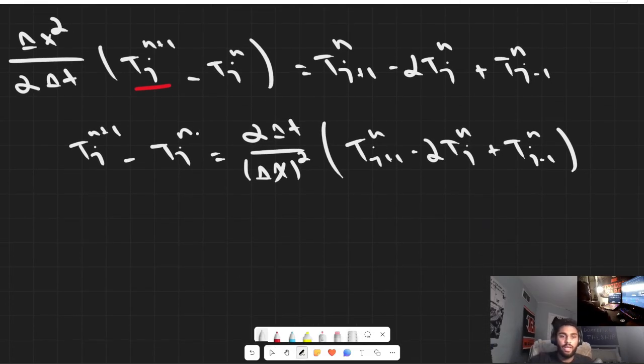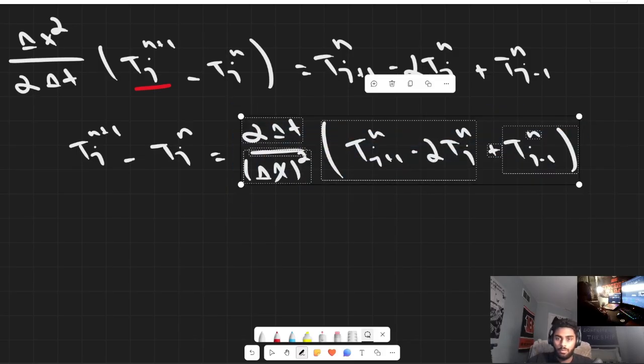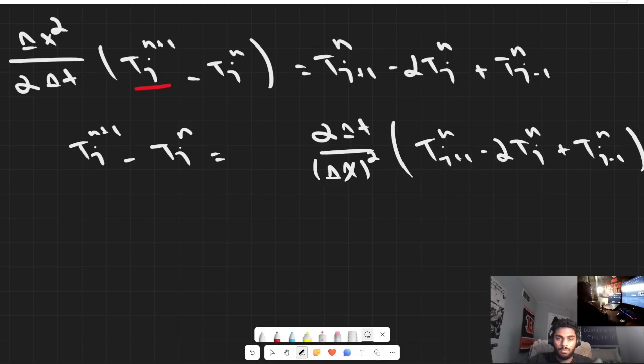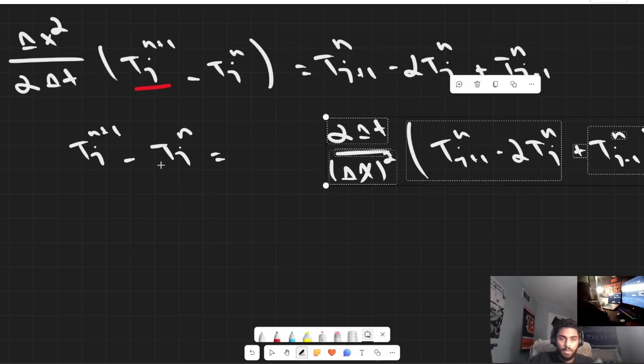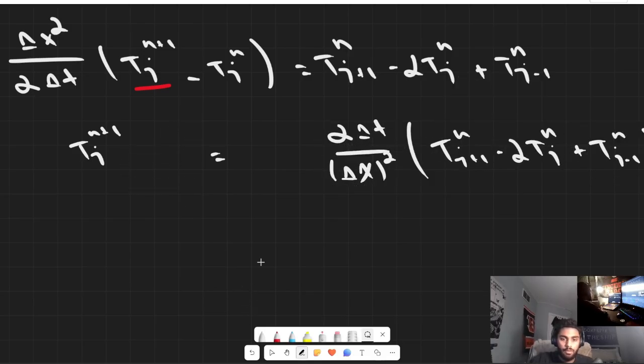And then we just have to add this Tj^n over, so I'm going to do that right here, and get rid of that here. Tj super n plus that.